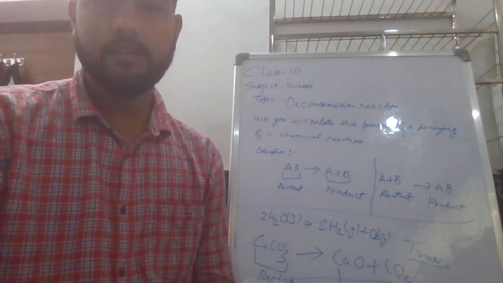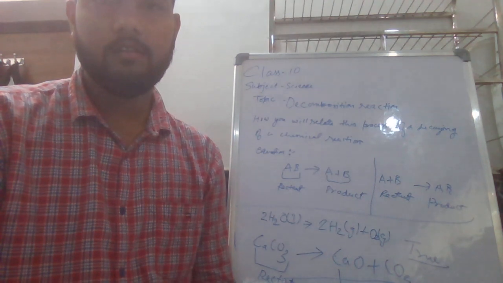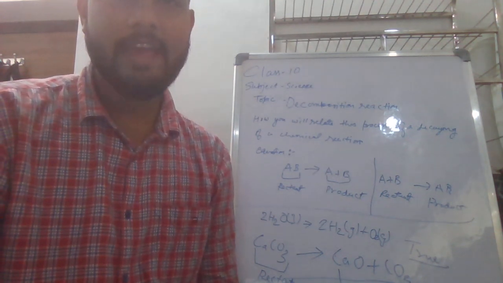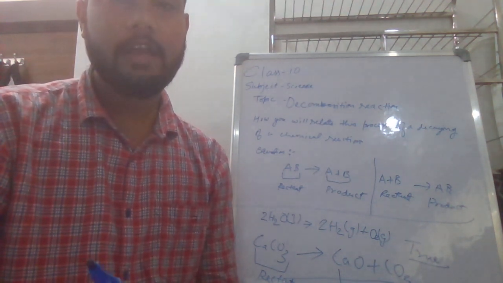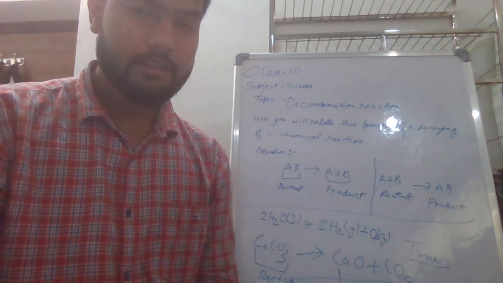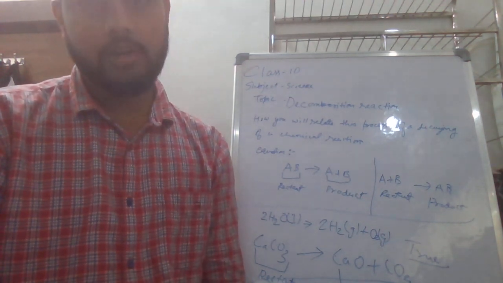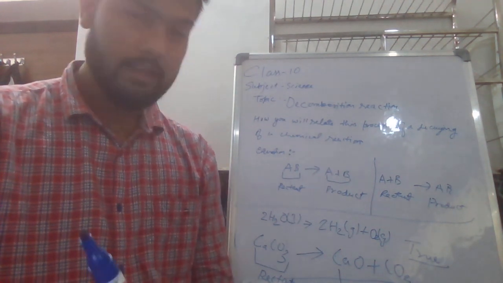Moving further, I have one activity for you. You have to perform that activity and tell me your observation. Open your book to activity 1.5; you read and I will also read.